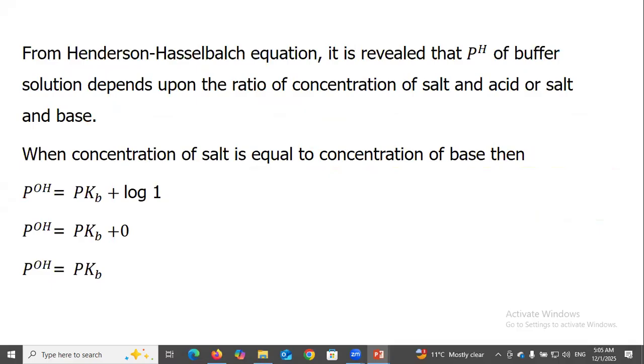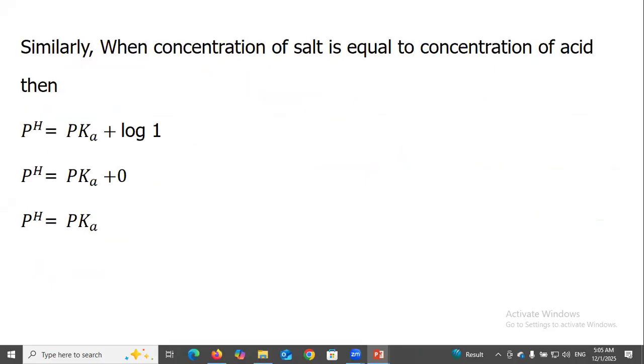From the Henderson-Hasselbalch equation, it is revealed that the pH of the buffer solution depends upon the ratio of concentration of salt to acid or salt to base. When the concentration of salt is equal to the concentration of base, then pOH equals pKb plus log 1, which is 0. So pOH equals pKb.